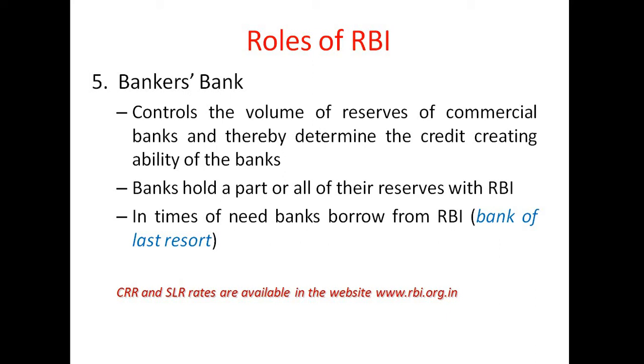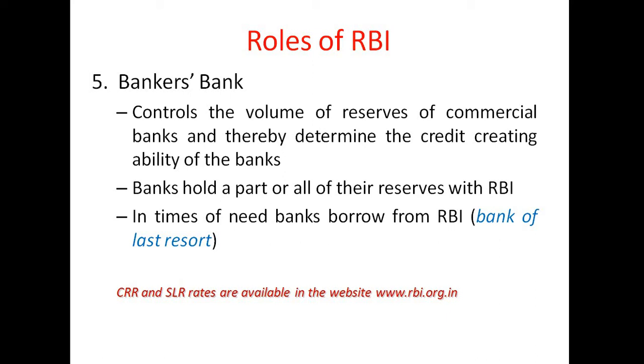The fifth role is that of a banker's bank. RBI controls the volume of reserves of commercial banks and thereby determines the credit creating ability of banks. You are familiar with cash reserve ratio and statutory liquidity ratio.